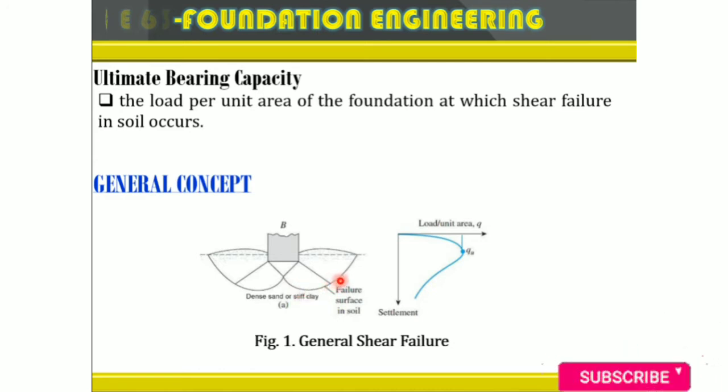This is our ground level, represented by this dash line. When the load per unit area reaches q sub u, the ultimate value, it is usually referred to as the ultimate bearing capacity of the said foundation. When such a sudden failure in soil takes place, we call this the general shear failure.